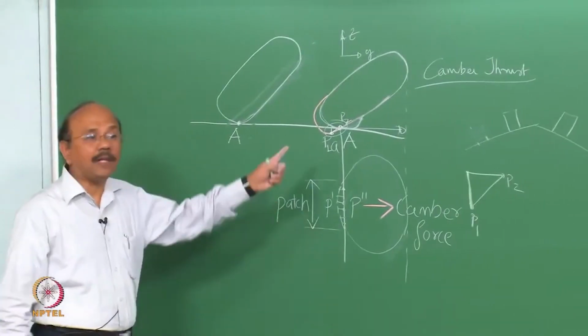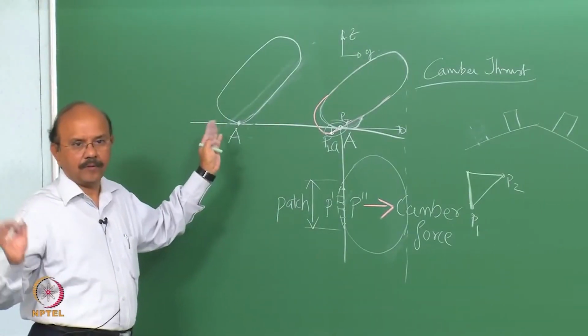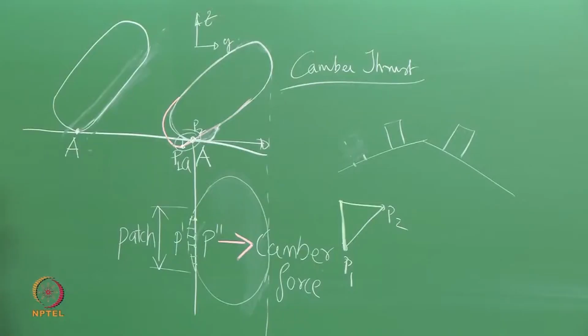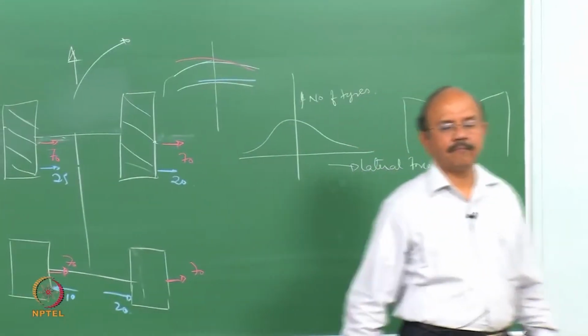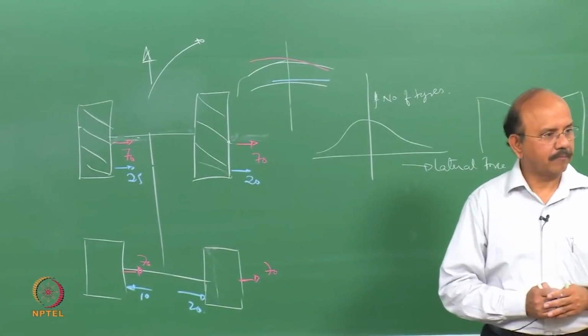So there is again a lateral force that is generated. I didn't do anything, I didn't even corner. Again, a lateral force is generated due to the camber that is present either in the vehicle or on the road, and that is to be added to the forces that I already have. So the camber thrust produces a lateral force.